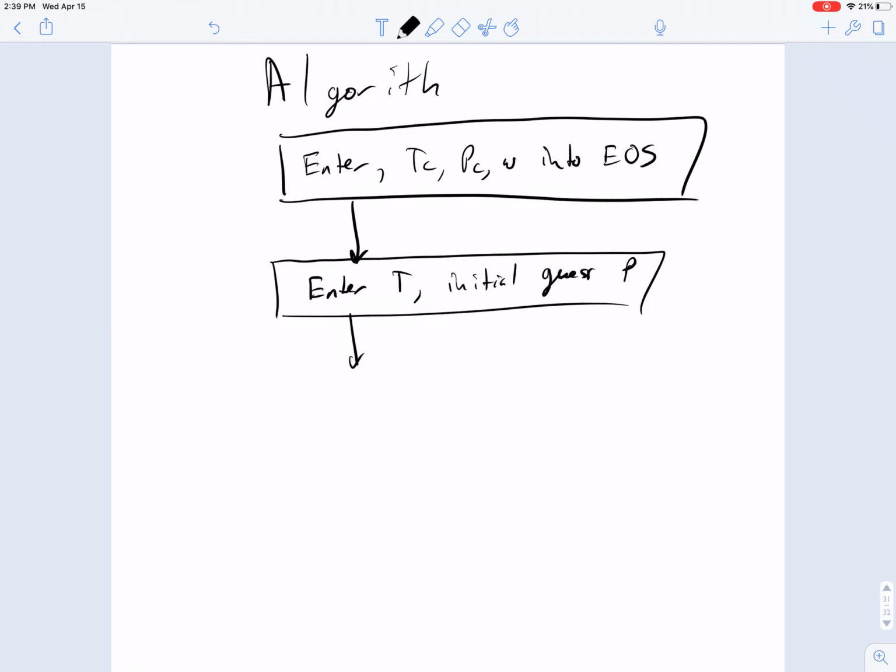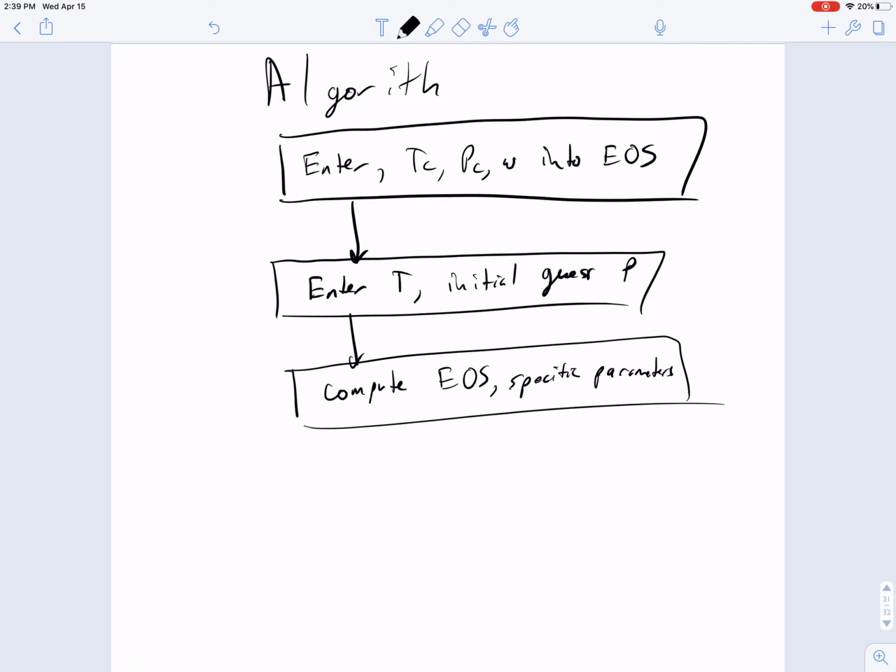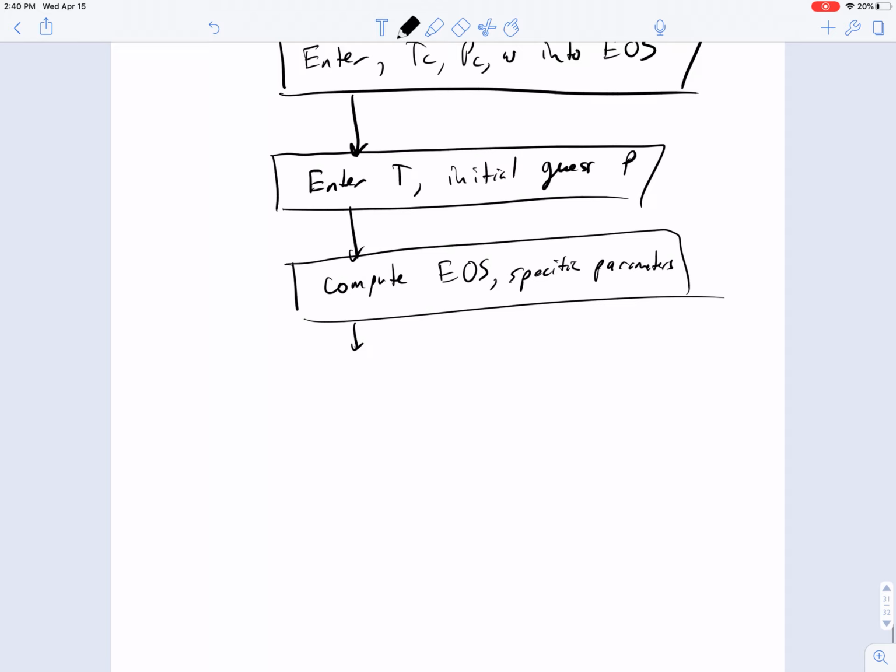Then, of course, you compute the equation of state specific parameters, A, B, kappa, everything. Then you're going to use these fugacity equations that are going to be provided on the collaboratory. I'm not going to go through the process of writing out the whole equation here in the notes.